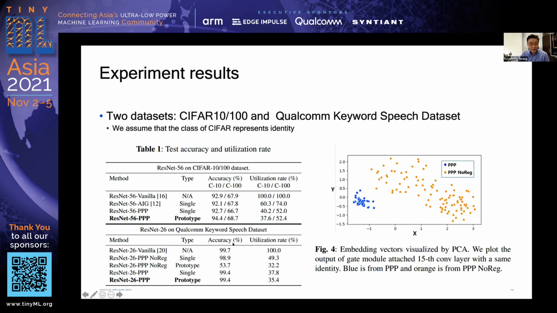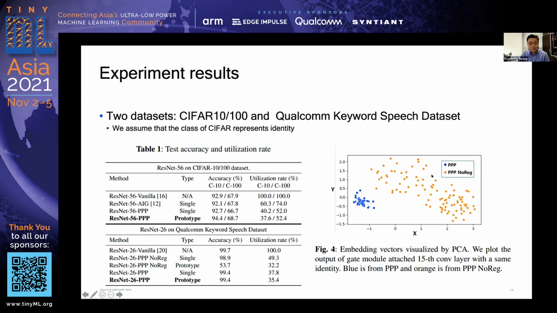The next experiment is really for personalization, because with this keyword dataset, we measured personal keyword detection performance, since each person is doing keyword detection. If it is used by one person, then it is a personalized application. If you see here, the utilization ratio is reduced to a third, and it maintains the accuracy of the full network.